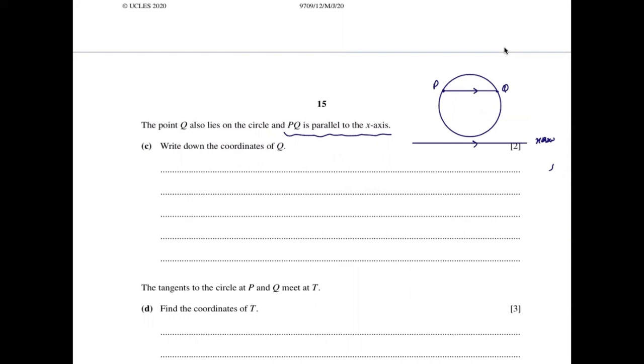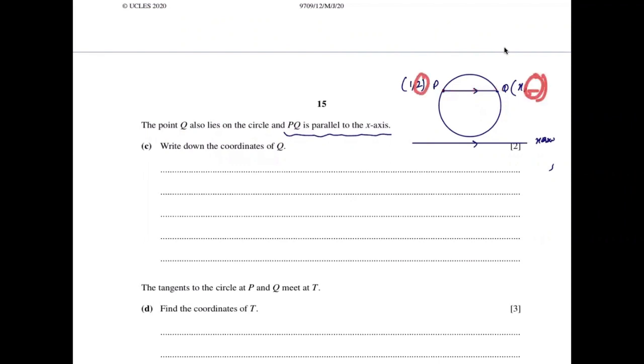So do you agree that the gradient of PQ is going to be 0 as well? Okay, it's a horizontal line. If the coordinates of P were (1, 2), the coordinates of Q are not known to us. But what do you think the y coordinate of Q is going to be? If PQ is a horizontal line, what can you say about the y coordinate of Q?